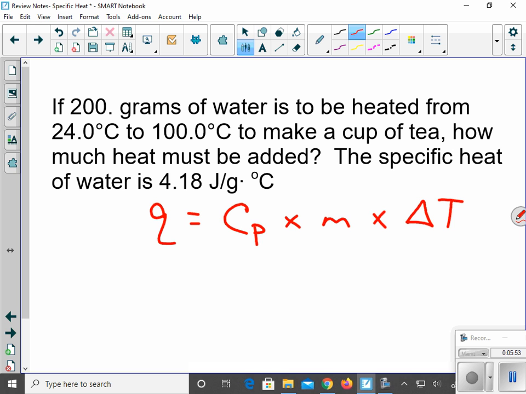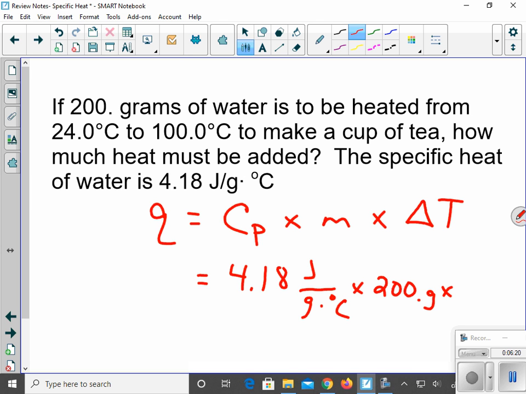So what I'm going to do is simply take the specific heat of water, which is 4.18 joules per gram times degrees Celsius. I'm going to multiply that by my mass. I have 200 grams of water, and my delta T is my change in temperature. My final temperature is 100 degrees Celsius.